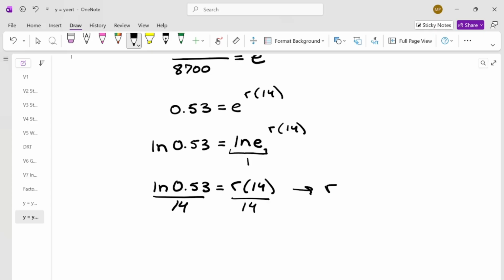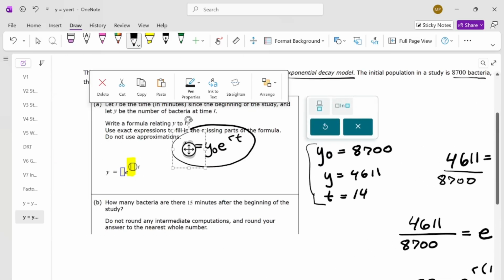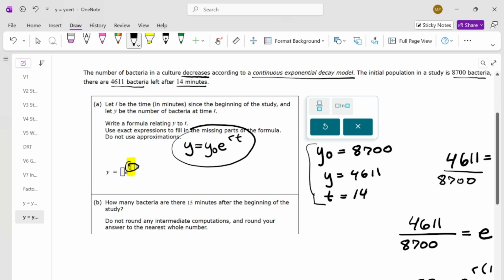And we get r is equal to the natural log of 0.53 all over 14. But we're not done yet because we just found the r, and this is what we're going to be plugging into this spot right here.